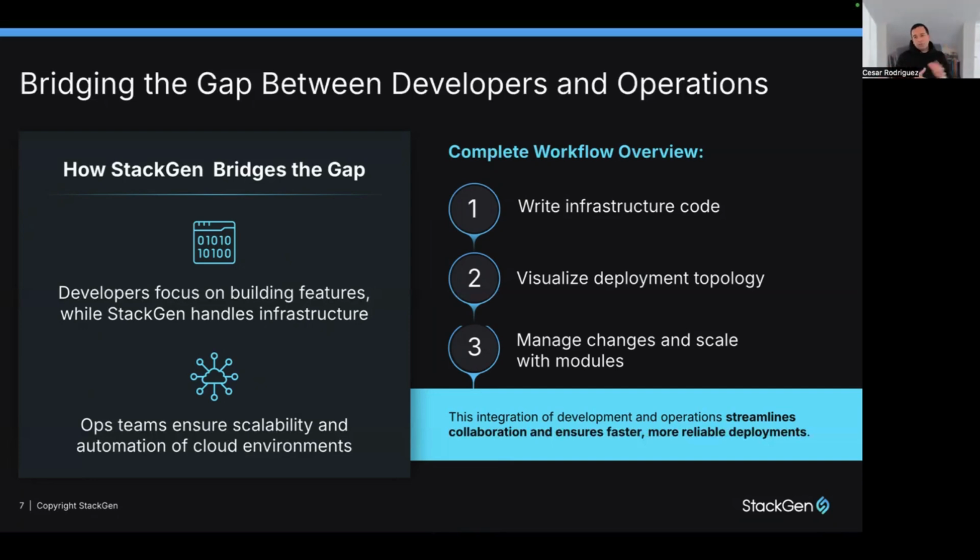And meanwhile, operational teams get the full visibility and control through the visual deployment topology and declarative modular infrastructure, making sure that you're always in compliance, that you're consistent, and that you are at scale. So we want to help you move faster without sacrificing security and stability. So we're trying to bring true DevOps collaboration to life. And I'll show you what this means in a demo in a few minutes.